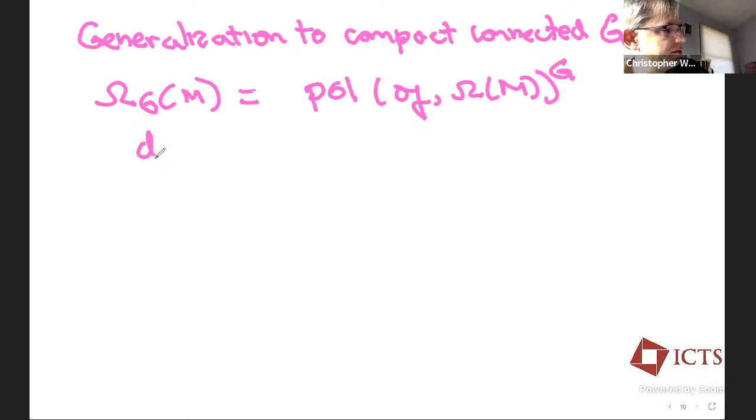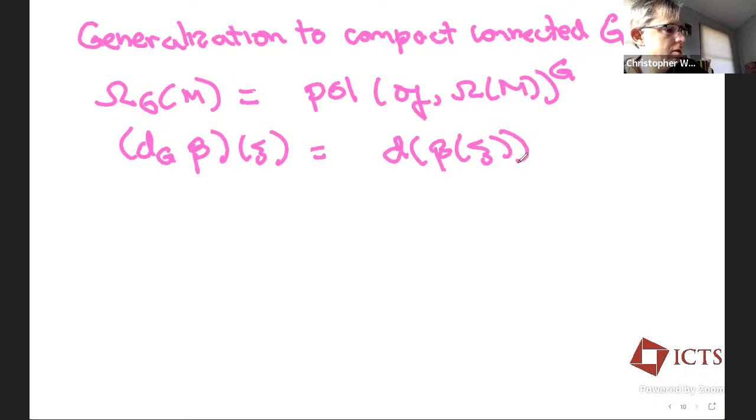And I said dG of the form beta. So beta was a polynomial map. dG beta is also supposed to be a polynomial. So first I take d of beta of c, and then I add or subtract.